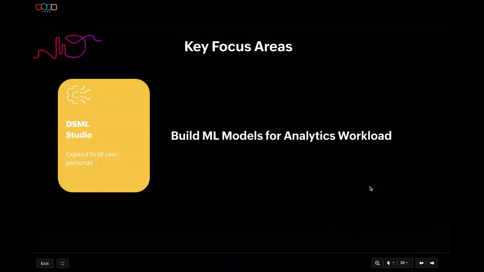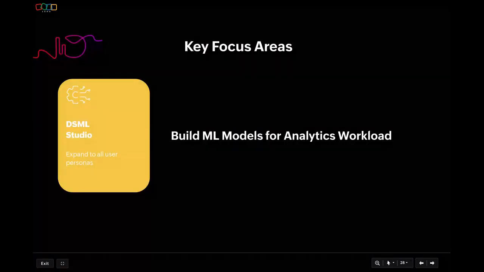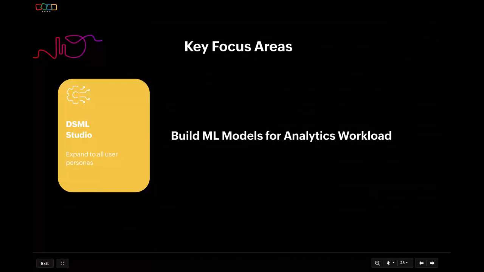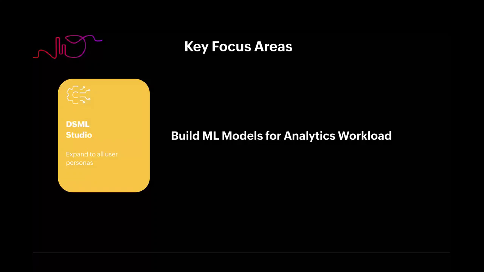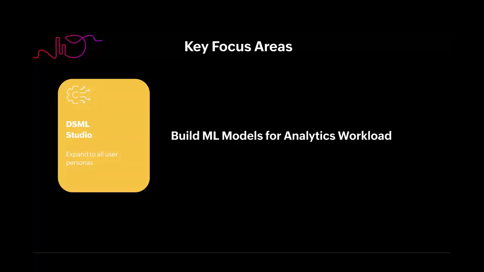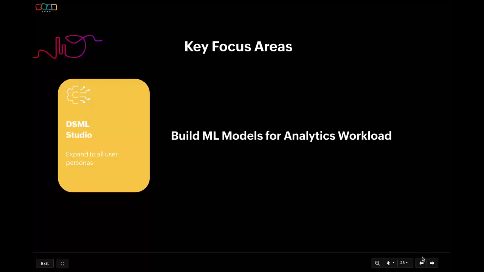Moving on to the next slide, we are going to take a look at the DSML Studio, where we aim to expand the capabilities of our BI engine to help users build custom ML models for their analytical needs. So many businesses have expressed interest in this functionality, and we are addressing it in two ways.